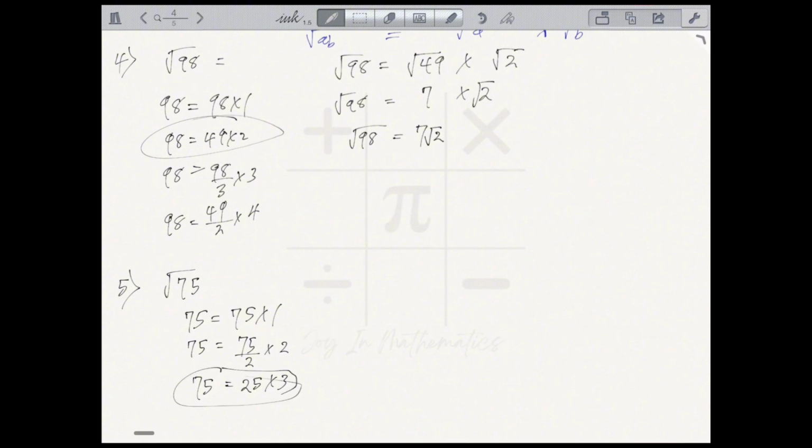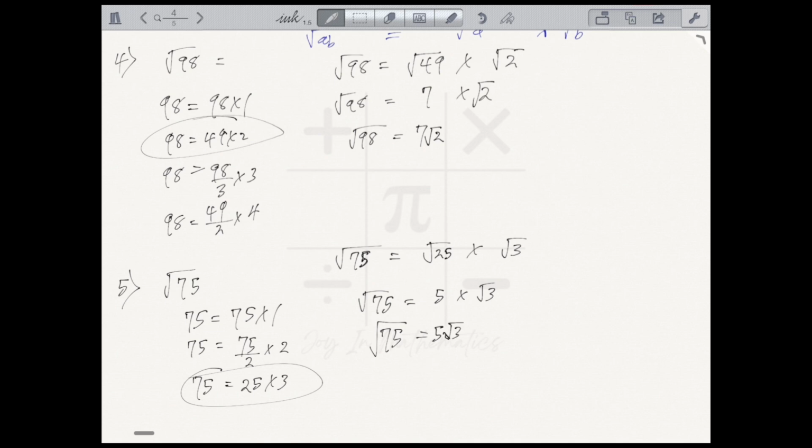Therefore, root 75 is equal to root 25 multiplied by root 3. Root 25 is 5, and root 3 remains the same. So root 75 is equal to 5 root 3.